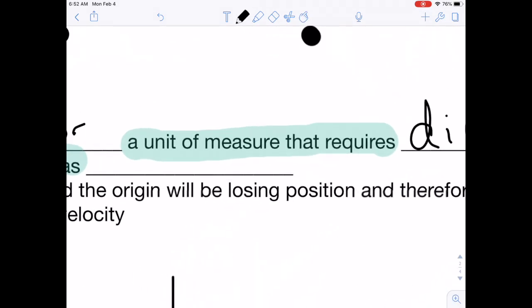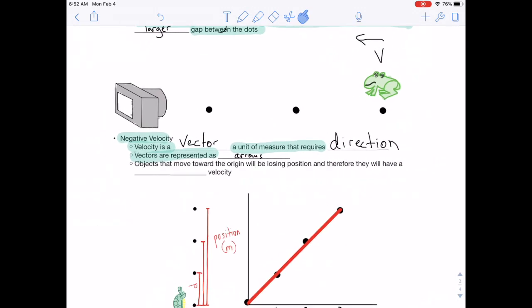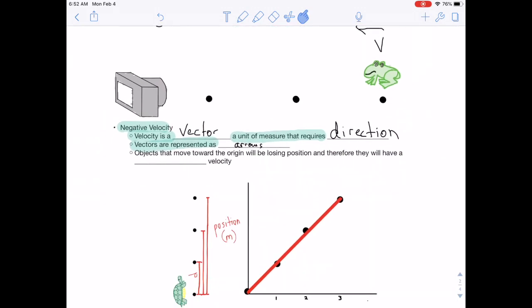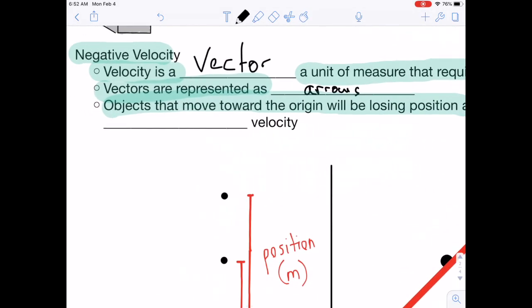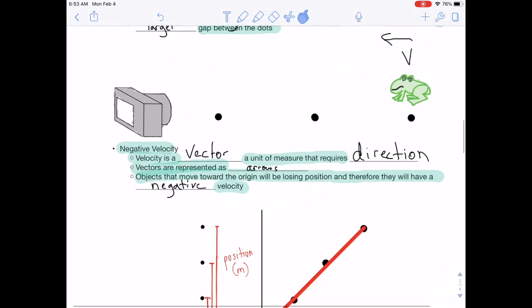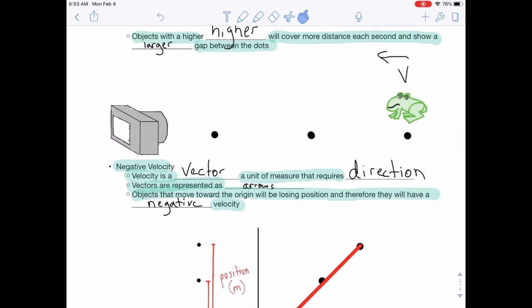Objects that move towards the origin will be losing position, and therefore they will have a negative velocity. This guy's losing position. I don't know if losing is the right word. He's still moving, but he's moving toward the origin.